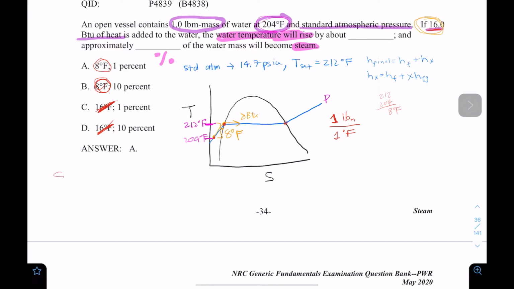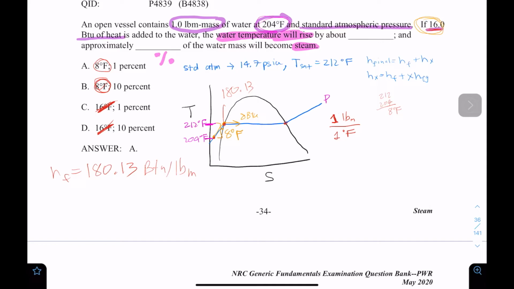saturated liquid. Oops, I wanted to erase this. So my HF is where I start. It's going to be 180.13, right? That's where I'm starting here. 180.13 BTU per pound mass.